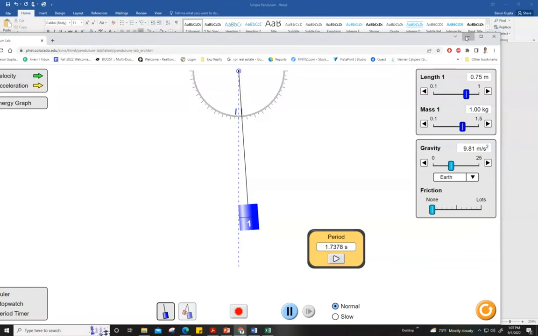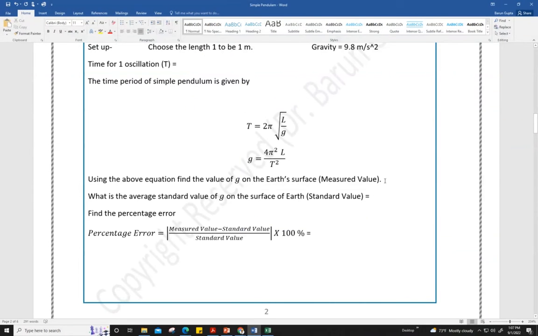Once you plug in all the values, you should be able to calculate it. Probably you should be getting about 9.78. That's the value you get. Let's say you get 9.78. Do not forget to write down the units. The unit is meter per second squared.